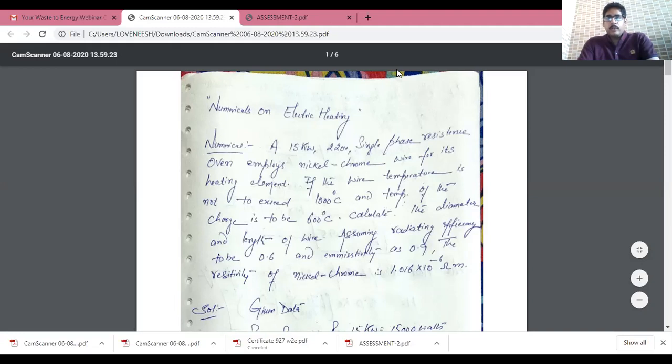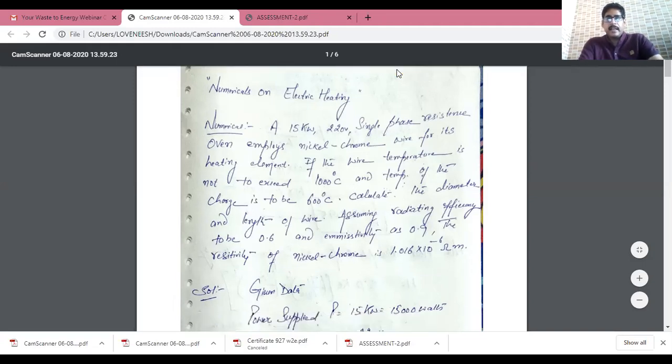For calculating, you are given radiating efficiency of 60%, that is 0.6, and the emissivity constant equal to 0.9. The specific resistance of the nickel chromium wire is 1.016 into 10 to the power minus 6 ohm meter. So this is the given data in the numerical.